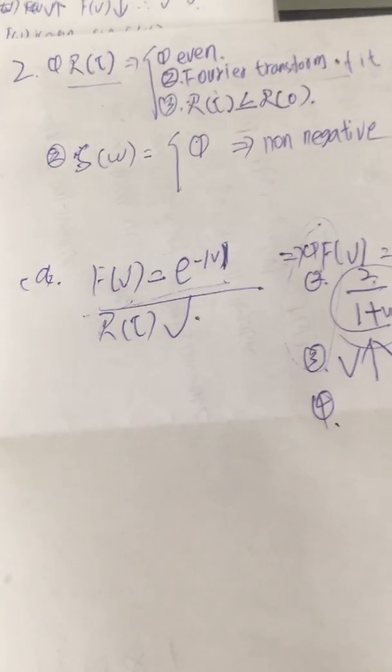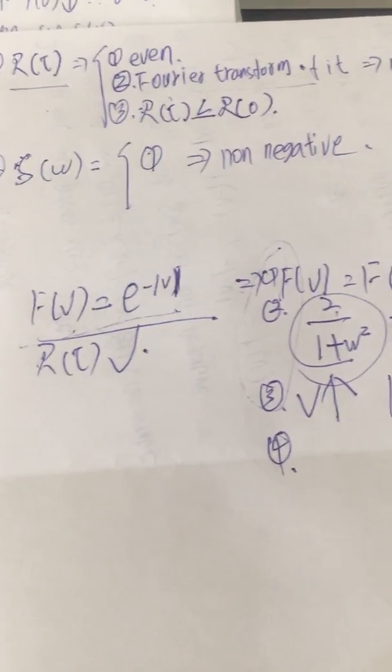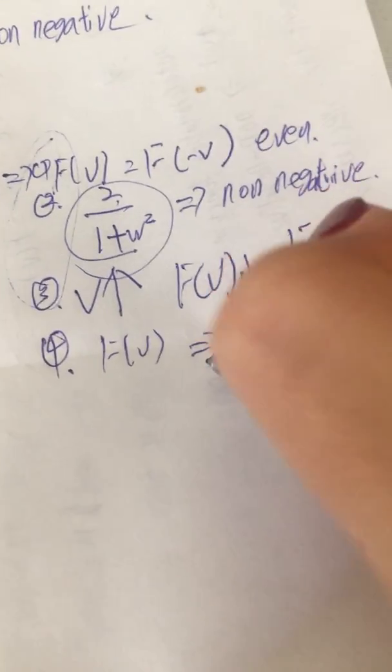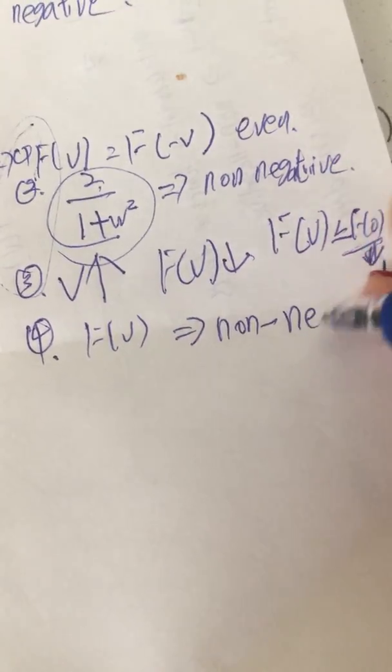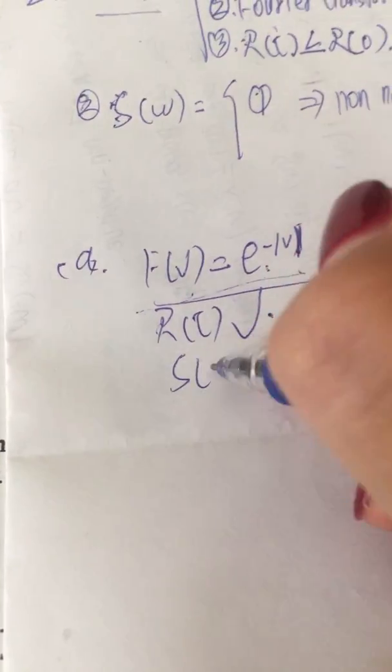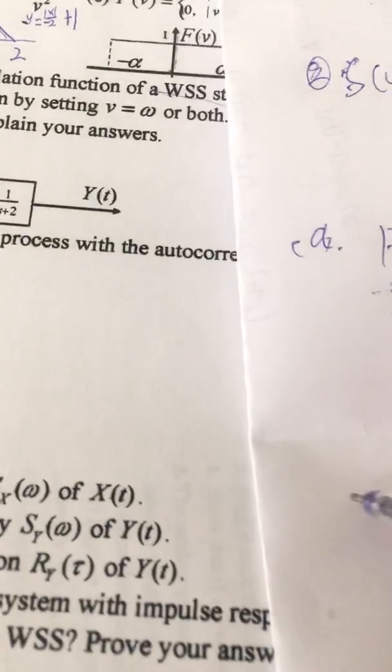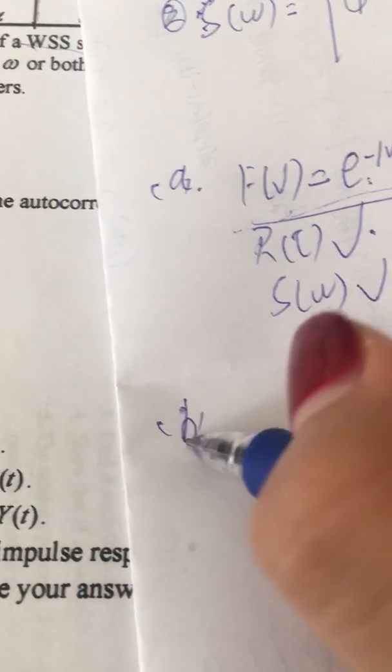And for the spectral density function, it's easy for us to know this one is non-negative, so it can represent these two.